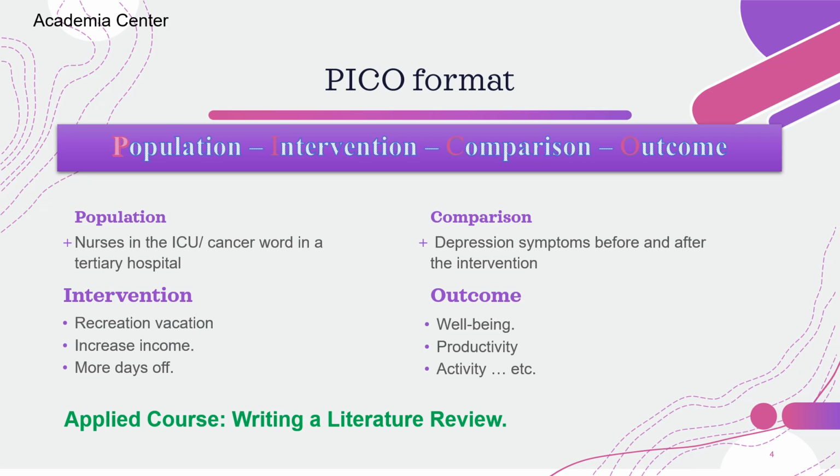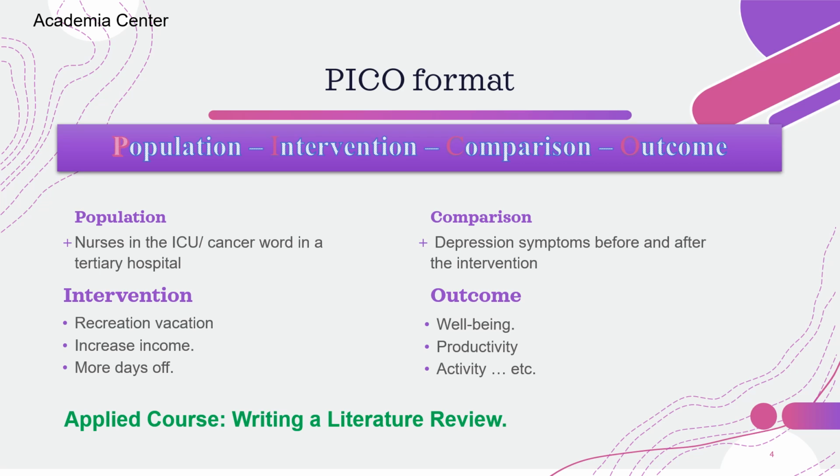Now the intervention, what we are going to intervene. We are going to give them recreation vacation. We may increase income. We may give more days off. Comparison, what we compare after or before. We compare depression symptoms.